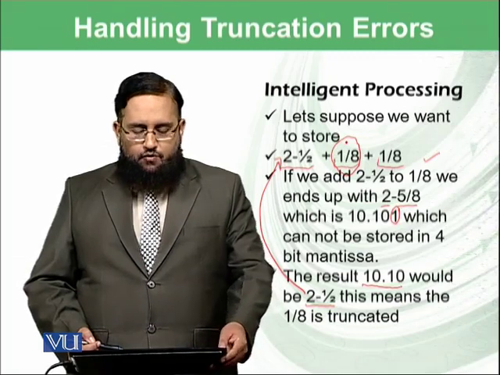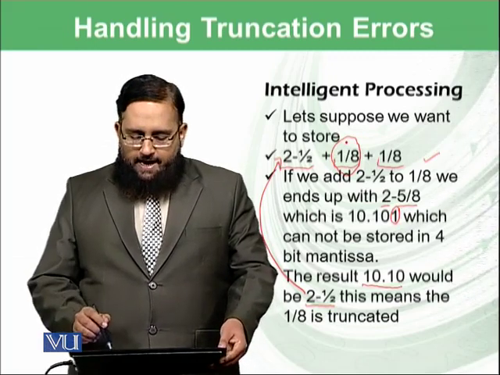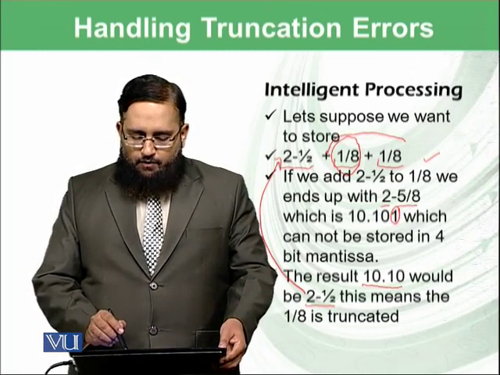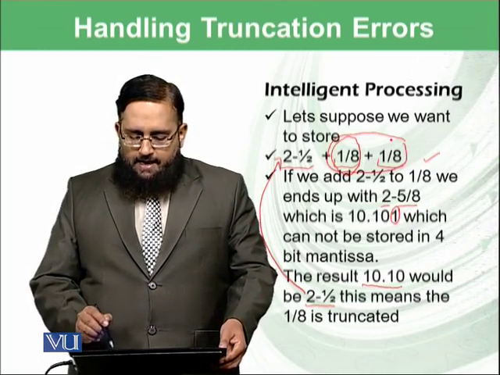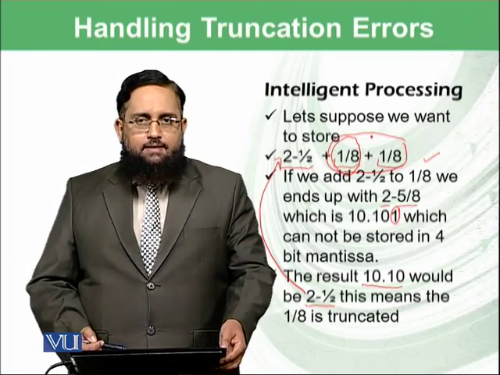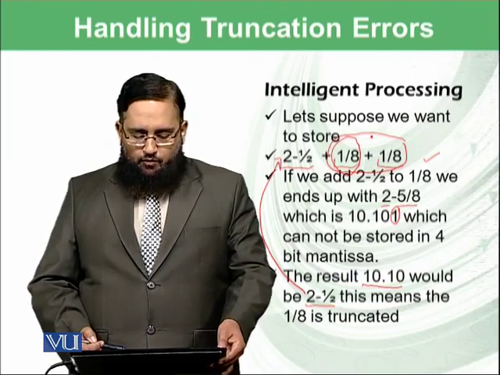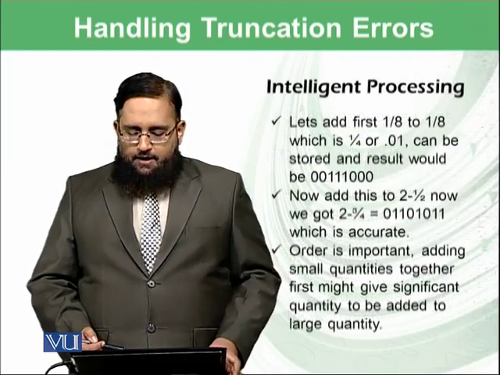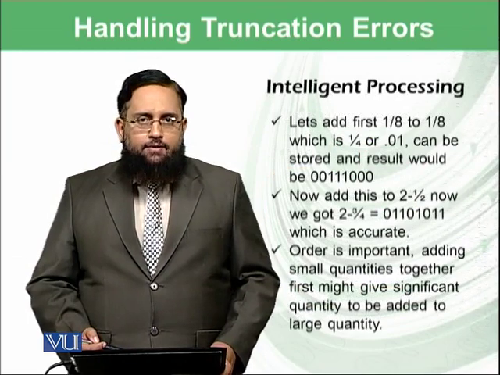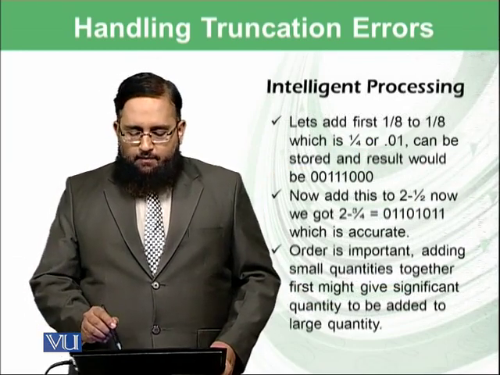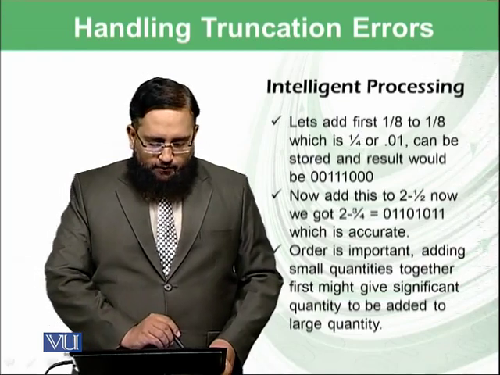So let's try to solve it in another way. Let's first add 1 by 8 and 1 by 8, and then add this answer to the 2 whole 1 by 2. If we add 1 by 8 to 1 by 8, we will have 1 by 4.